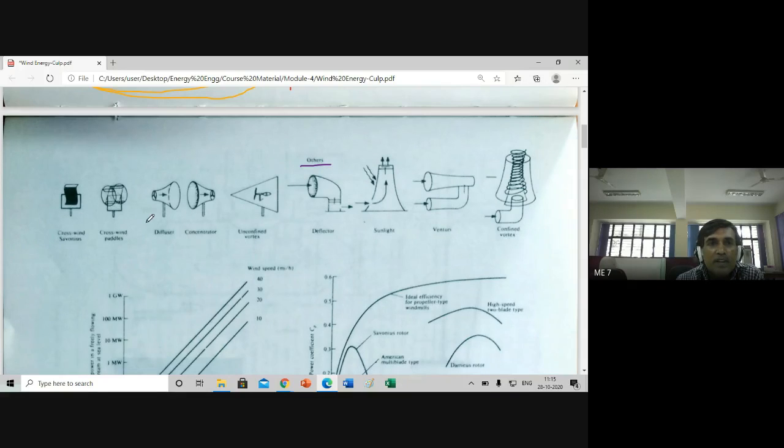This is another classification. Crosswind Savonius, crosswind Padis, diffuser, concentrator, unconfined vortex, deflector, venturi, confined vortex. These are all other types of blades or structures which can be attached to the wind turbine.